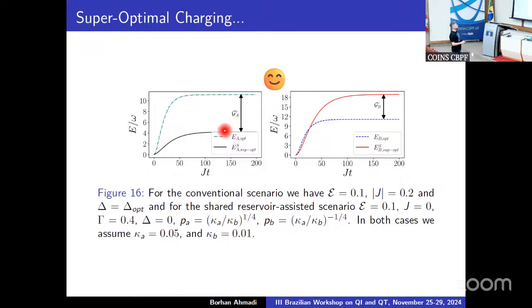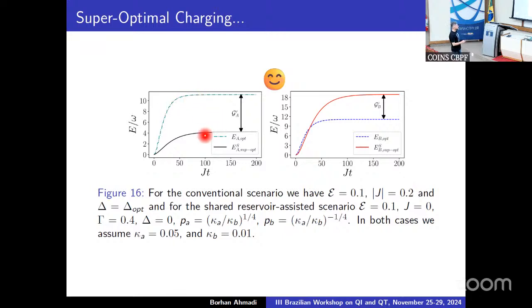So here, as you see, this is the result of optimization. Before the optimization, these lines were very close to each other. Here, the energy of the battery and the energy of the charger: the solid black line is for the super optimal case, and this line is for the conventional scenario.